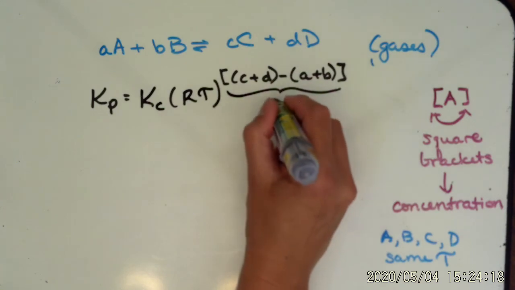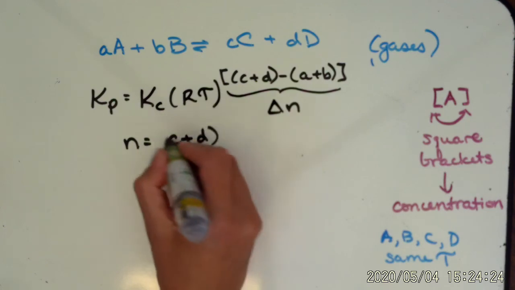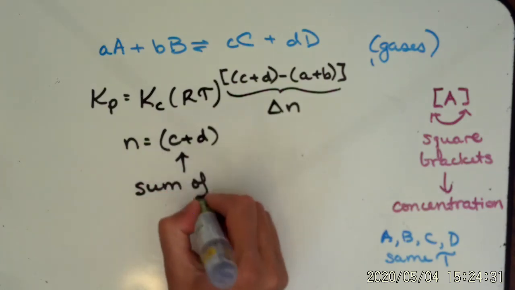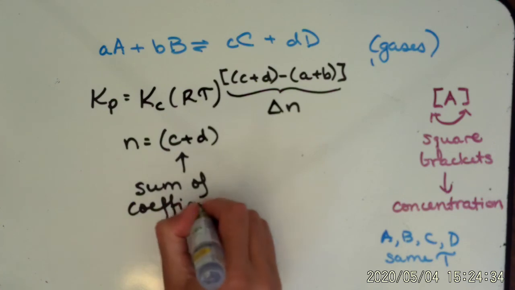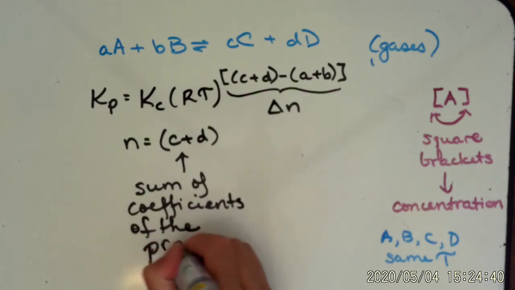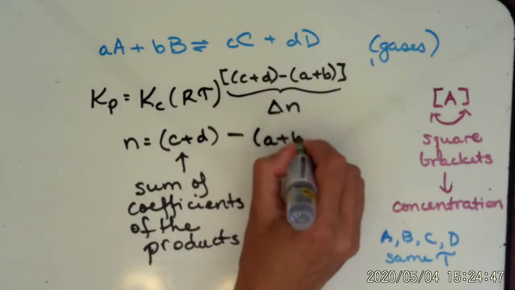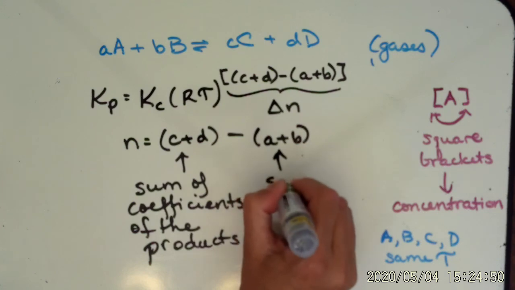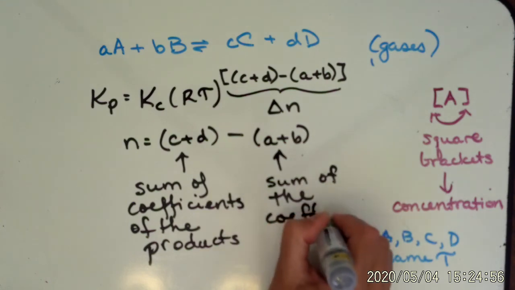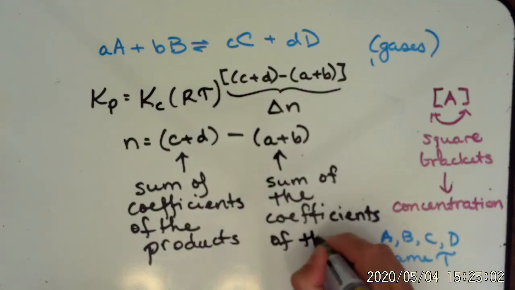To simplify this, just call this delta n, where delta n is equal to the sum of the coefficients of my products, minus a plus b, which is the sum of the coefficients of the reactants.